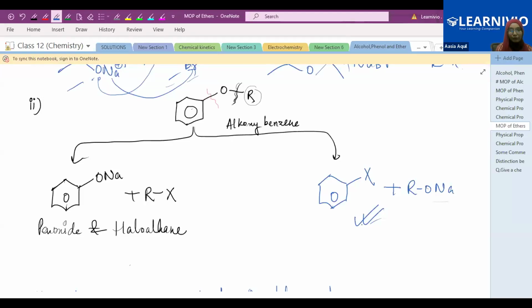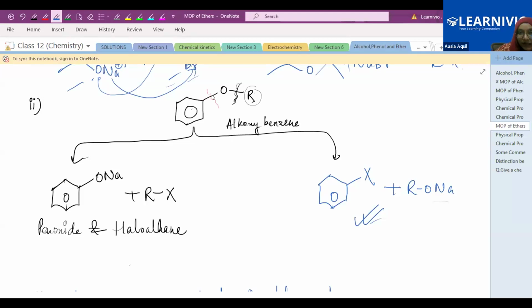Yes, Moniba, you should know. No one? See, what is the mechanism of this whole thing? It is a nucleophilic substitution reaction. And you know very well, in aryl halide, nucleophilic substitution reaction is not possible at normal room temperature. Why is it not possible?